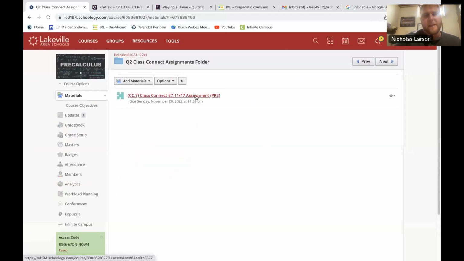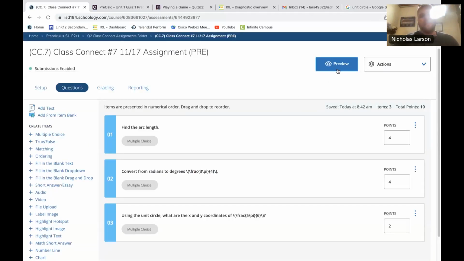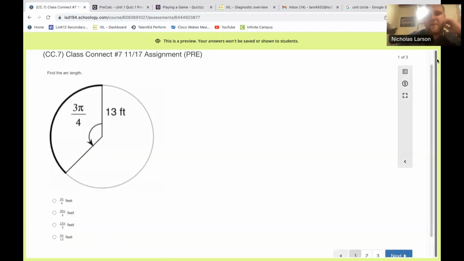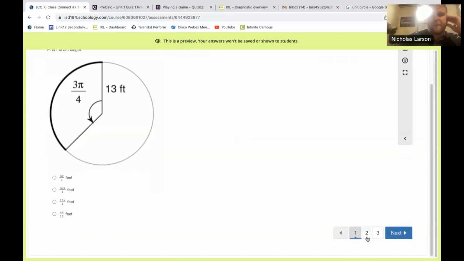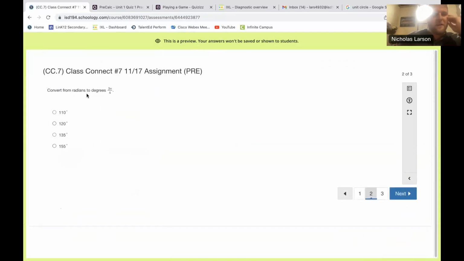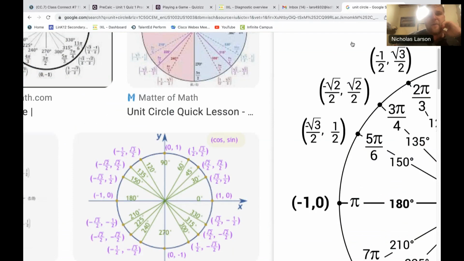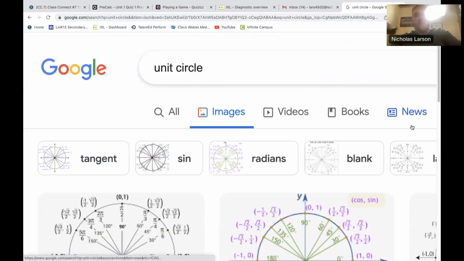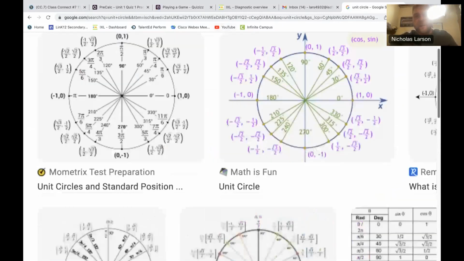Your Class Connect assignment is a couple problems, I believe. And I'm not going to tell the answer to you. Again, we've talked through them. We actually did this one earlier. So if you want to go back and find that one, we did that one. Convert from radians to degrees. Again, there's a formula that we can follow to do this. You could also potentially find, hey, where is 3 pi over 4 on my unit circle?